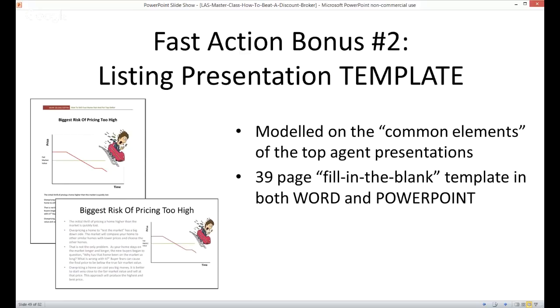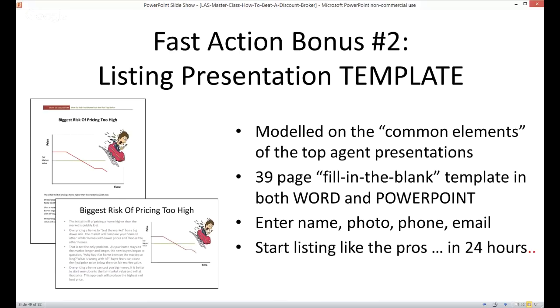You also have the PowerPoint. If you want to do it on the computer and flip the screens along, you can do that too. They're in both designs. Now, all you have to do is enter your name, photo, phone, email, a couple little pieces of information, and this thing is ready to go. Within an hour, you'll be ready to start listing like the pros. You'll have your own listing presentation ready to rock.